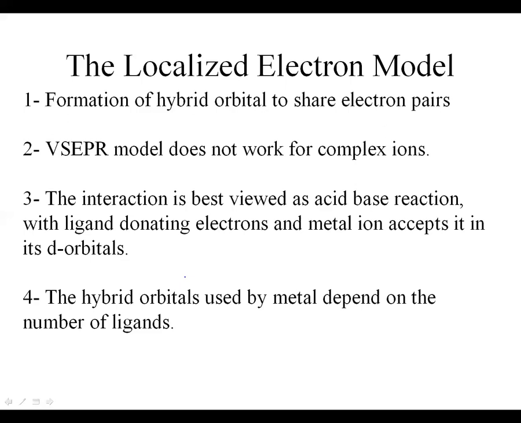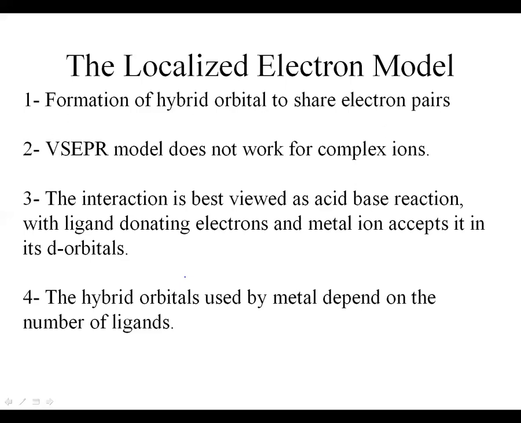When we talk about electrons, there are some types of bonding that you've talked about previously: the formation of a hybrid orbital, for example, sp, sp2, sp3, from sharing of electrons. The VSEPR model, the molecular geometry that you learned with regular Lewis structures, doesn't work very well for complex ions.